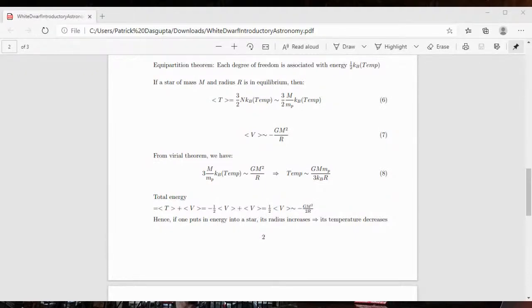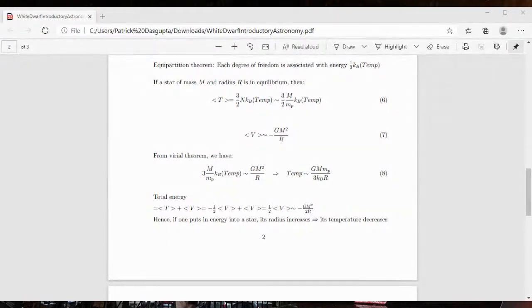So for low mass stars like the sun, you cannot burn heavier elements like carbon and nitrogen. And therefore, once the core becomes carbon, oxygen, nitrogen rich for a star like the sun, the core nuclear fusion stops.